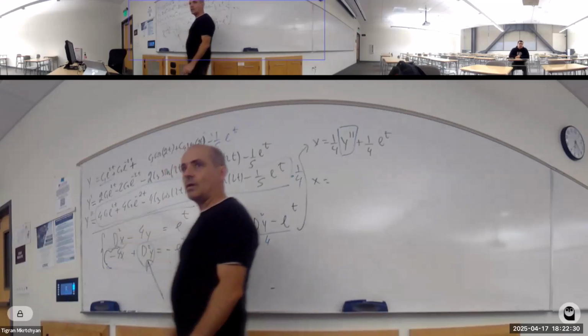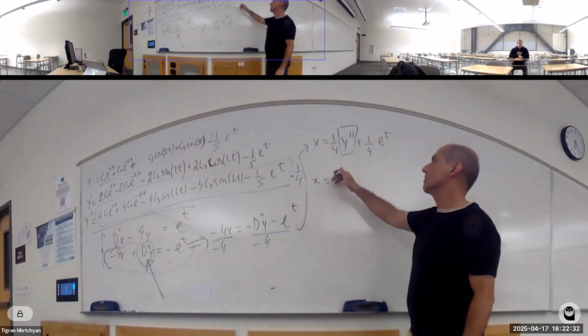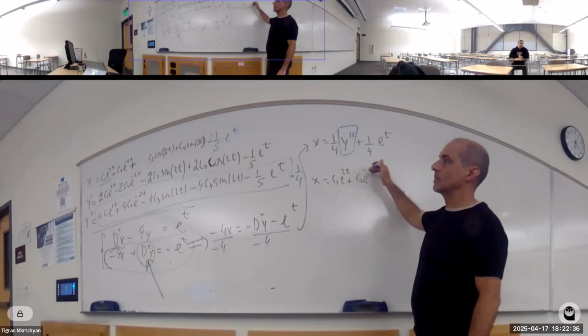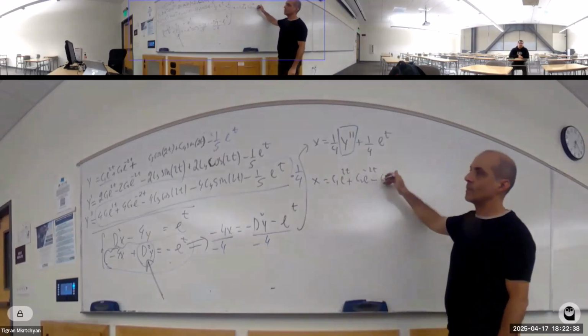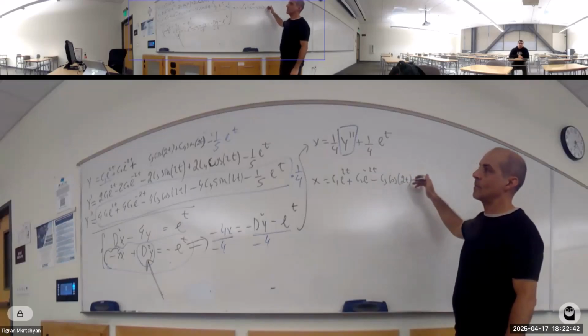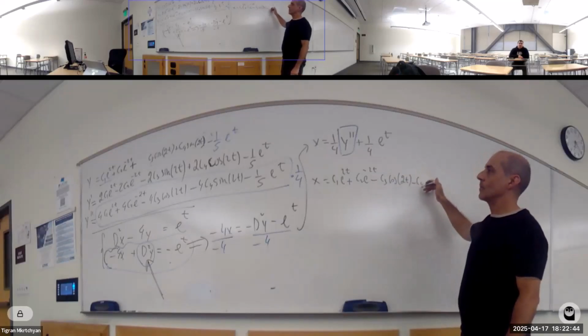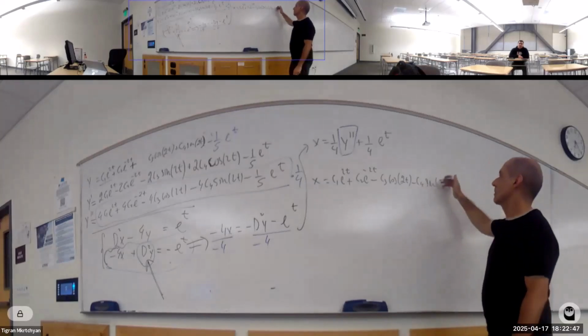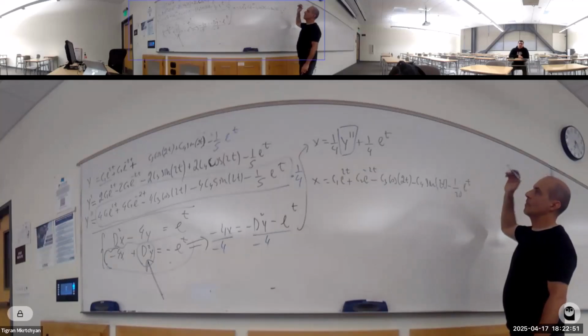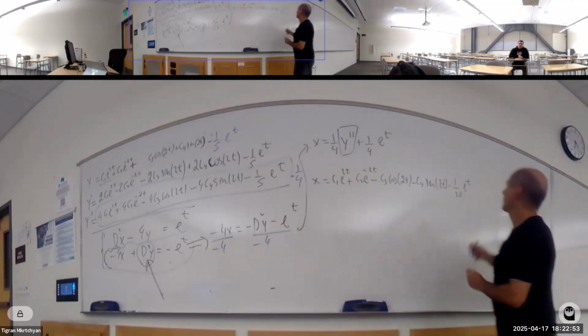So the fours cancel. C1 e to the 2t plus C2 e to the minus 2t but minus C3 cosine 2t minus C4 sine 2t minus 1/20 e to the t. Plus this guy, right? Yeah.